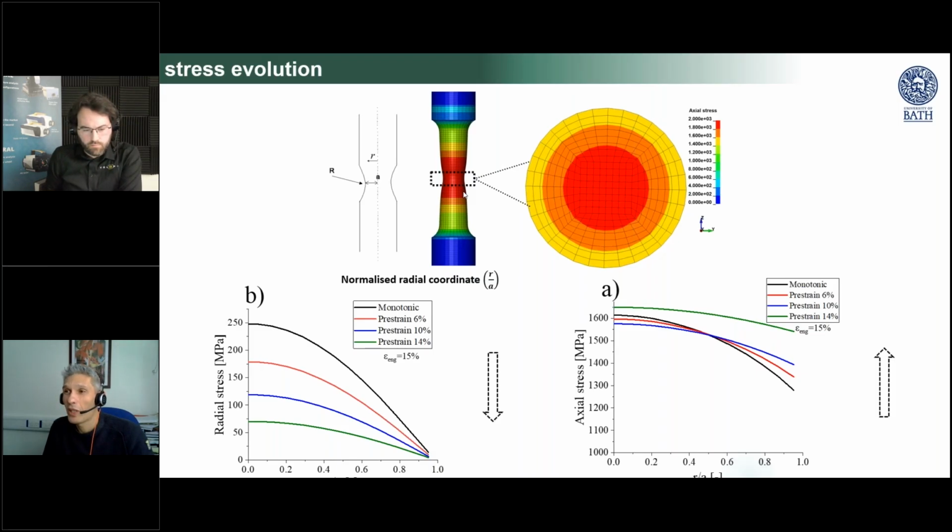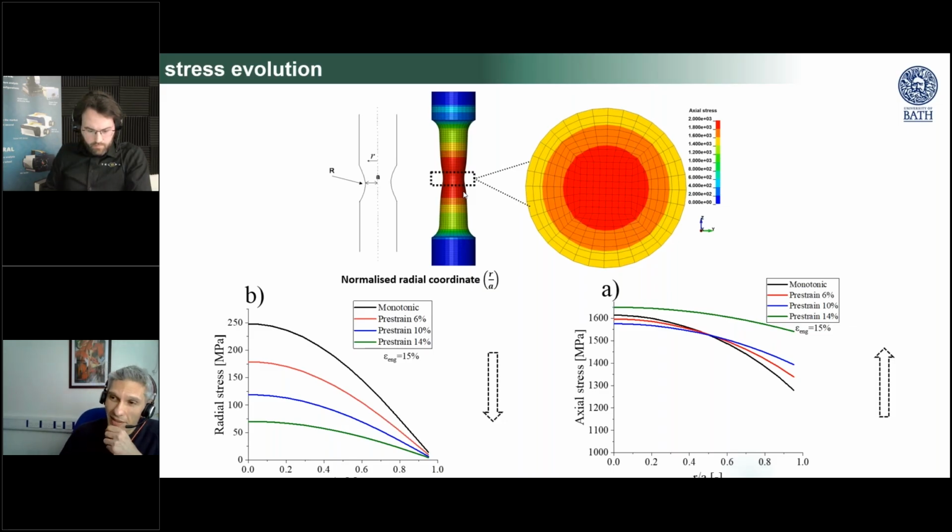Extracting the stress data along the radius of the sample, considering the material isotropic in this case, we could extract the distribution of radial stresses and axial stresses for different levels of pre-strain at the instant of macroscopic strain.